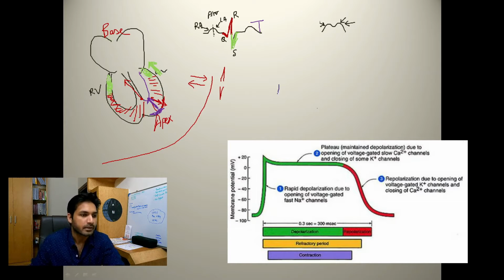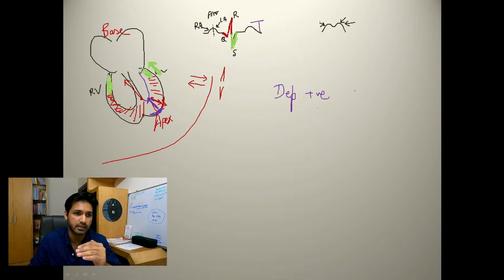So one thing that you should memorize is that depolarization is a positive event, and if the depolarization is happening towards the lead, it will give you a positive deflection on the ECG, and if it's happening away from the lead, it will give you a negative deflection.